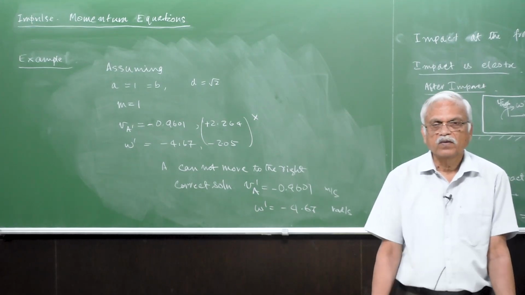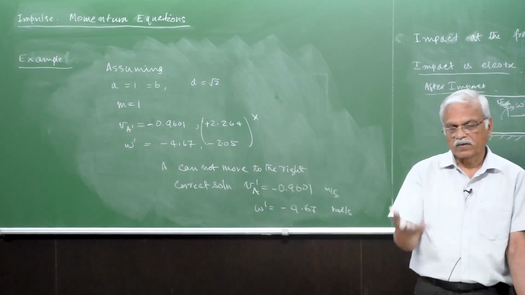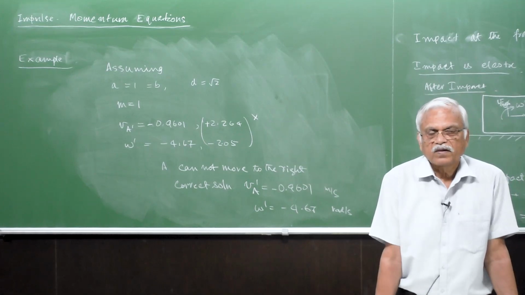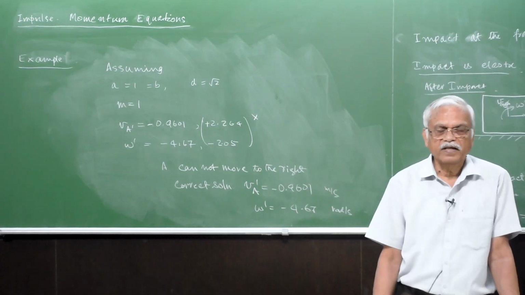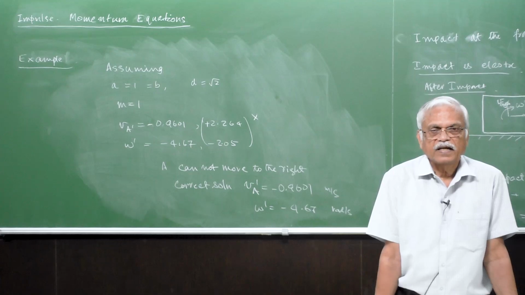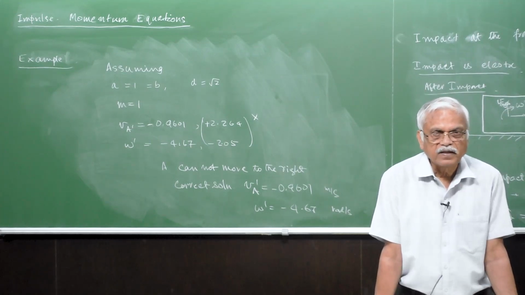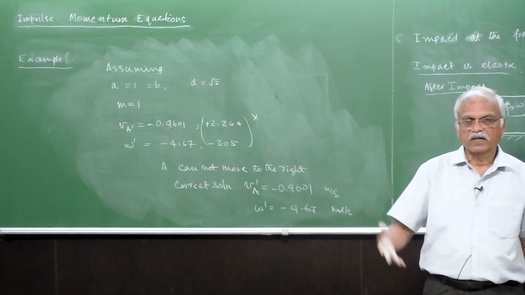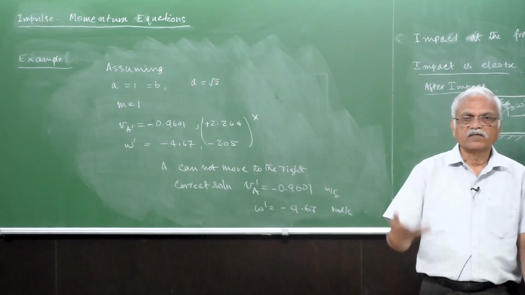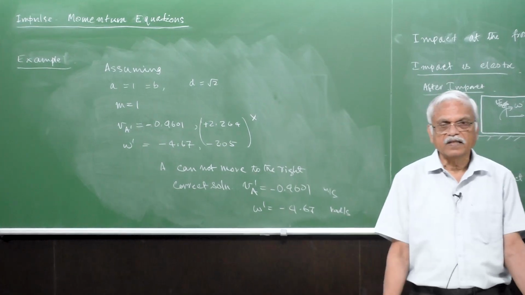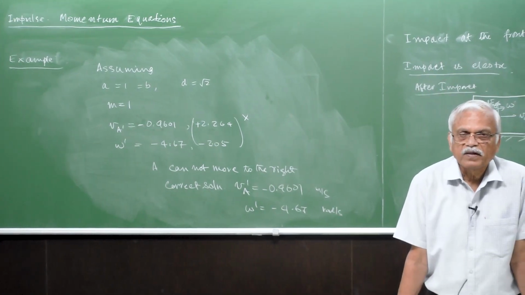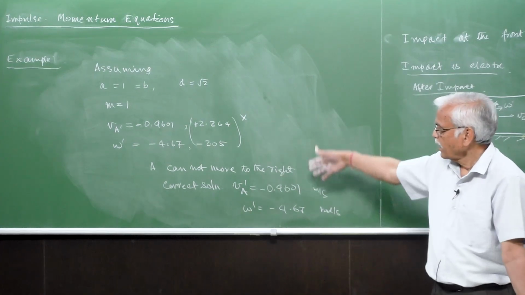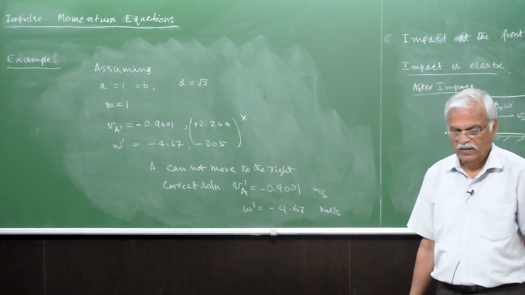So it has to move horizontally backwards. You can assume it to be positive, and then the final solution should be negative. Then we connected G, we wrote it in terms of A, and since V_A is still there, we require one more equation, which is the conservation of energy. Then you solve it, and this is the final solution you get.